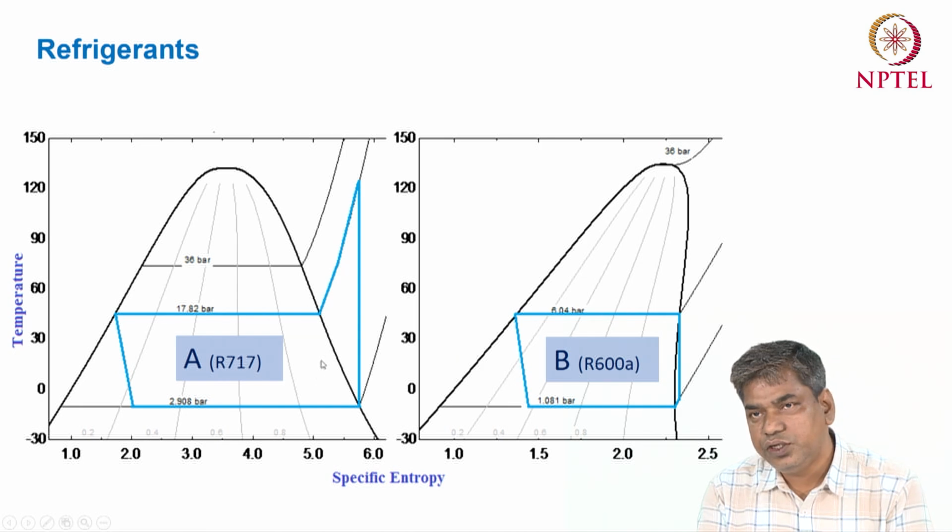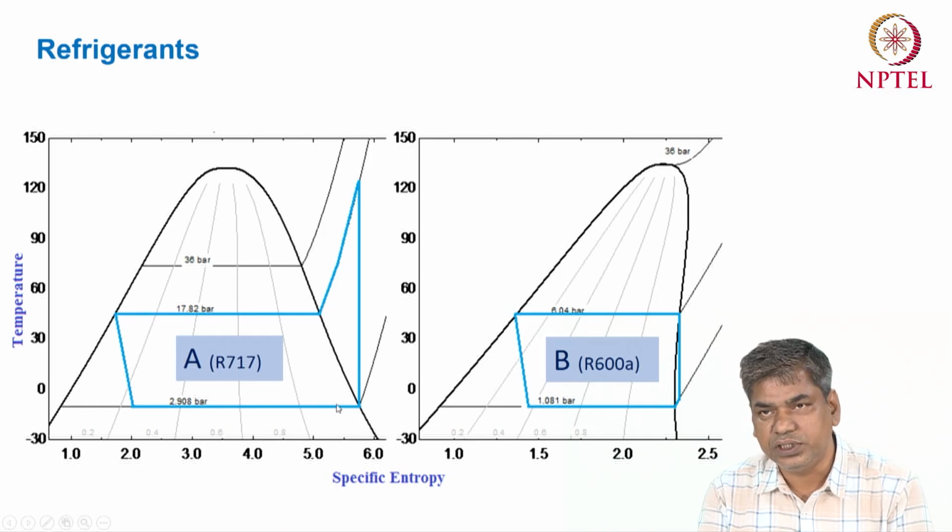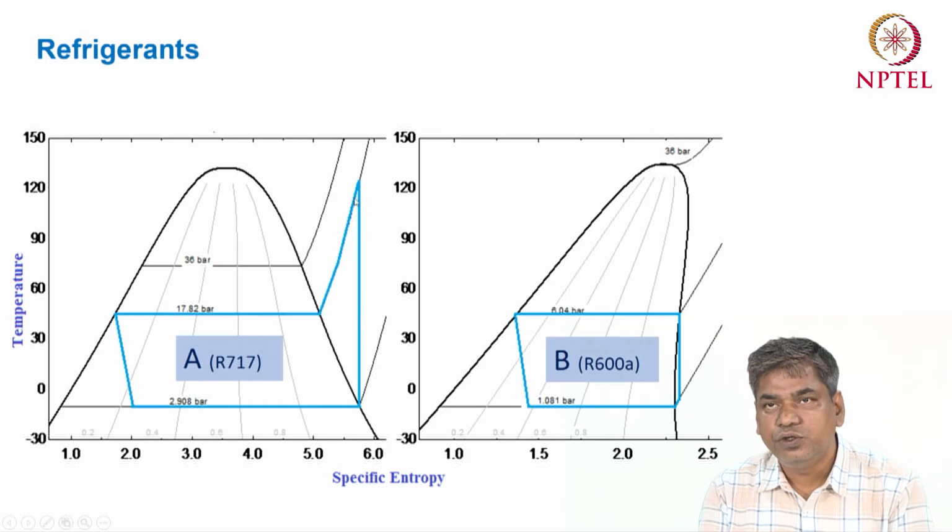But in case of ammonia, if you see the compression process, the evaporation process is a constant pressure process, so the evaporator outlet is your saturation point, the saturated vapor point. If you compress the saturated ammonia vapor, then you will see that it goes to the superheated zone, because this is the condenser pressure.